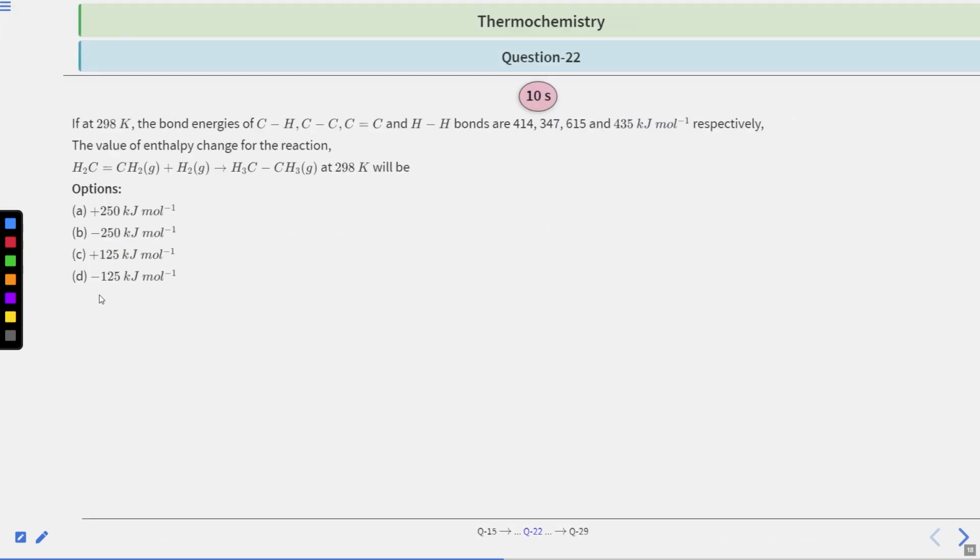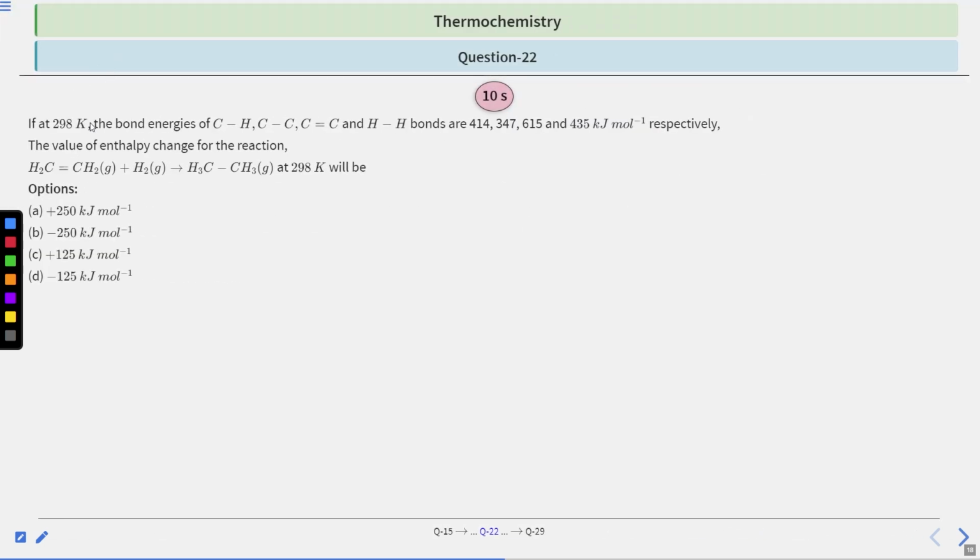Let's move to question number 22. If at 298 Kelvin, the bond energies of CH bond, CC bond, C double bond C, and HH bonds are 414, 347, 615, and 435 kilojoule per mole respectively, the value of enthalpy change for the reaction CH2 double bond CH2 plus H2 forming the ethane molecule at 298 Kelvin is.